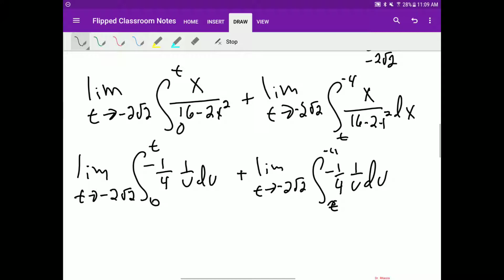1 over u integrates to the natural log of u, and u was 16 minus 2x squared. So now we're taking the limit as t goes to negative 2 square root 2.